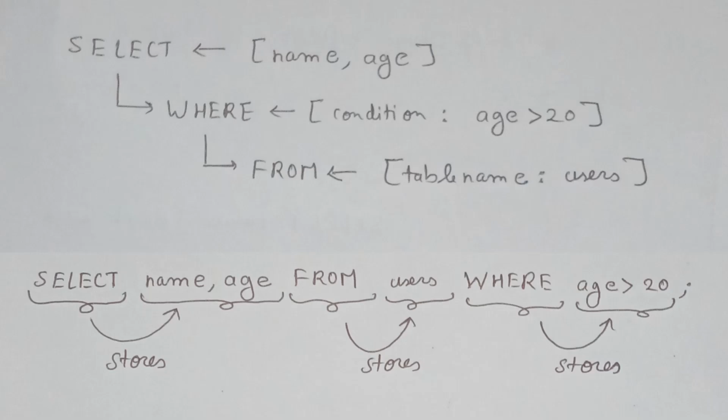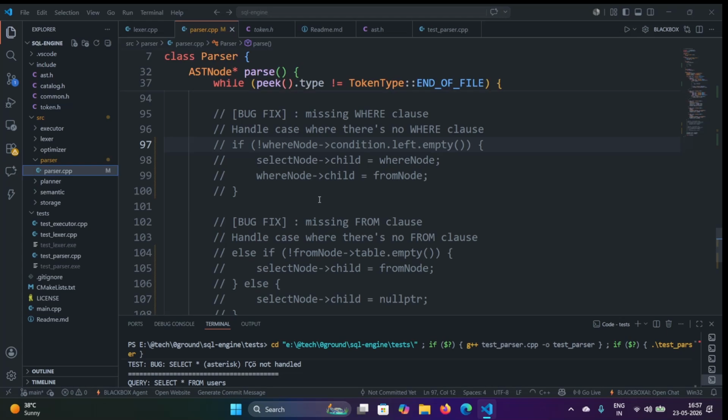After that, select will have from where as its child, which will store age greater than 20, and where will have from as its child, which will store users or the table name inside it, right? So we are going to make this relation inside our parser.cpp.